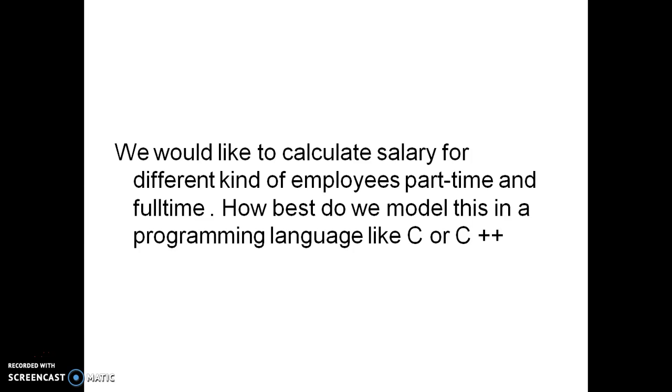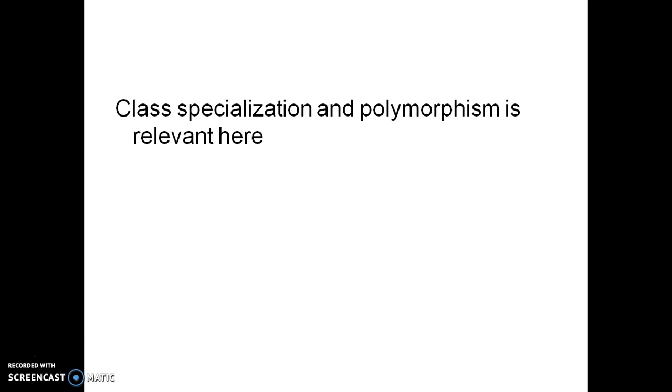So if we were to calculate salary for different kinds of employees, part-time and full-time in an organization, how best do we model this in a programming language like C or C++? There are two concepts involved here: the specialization of the employees into part-time and full-time, and the behavior of how to calculate their salary differently for part-time or full-time employees, which involves polymorphic behavior.